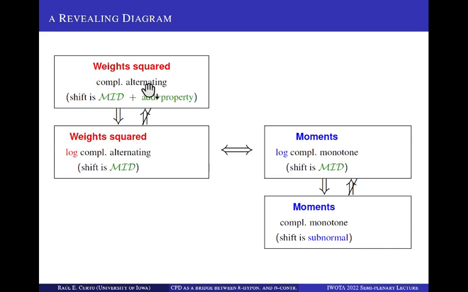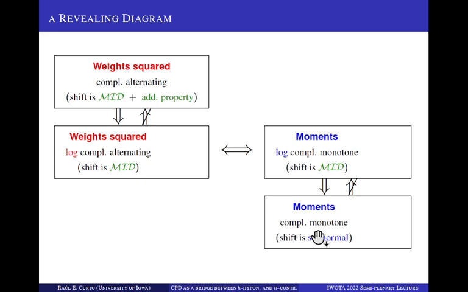So you go from completely alternating for the weight squares to log completely alternating for the weight squares, which is MID, across to MID in the moment version, which is log completely monotone, and that implies the moments completely monotone, which is simply subnormal, right?